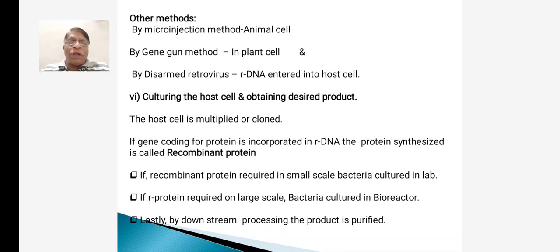If recombinant protein is required on a small scale, bacteria are cultured in the lab. You imagine the recombinant protein is required on a large scale, that is industrial scale. Then the bacteria are cultured in a bioreactor. Then lastly, by downstream processing, the product is purified.